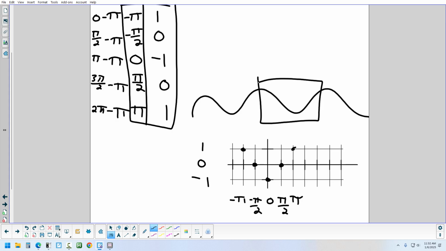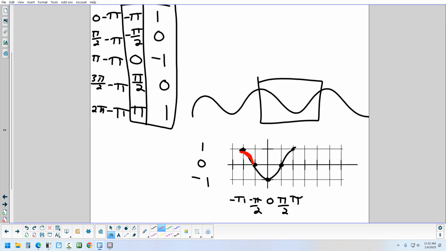Okay, so what ends up happening is it's going to kind of curve down, curve up like that, and then if you were to keep going, you could continue the pattern. But that's basically what your sketch should look like. If I drew it a little bit better, you'd be able to tell that this part actually curves.